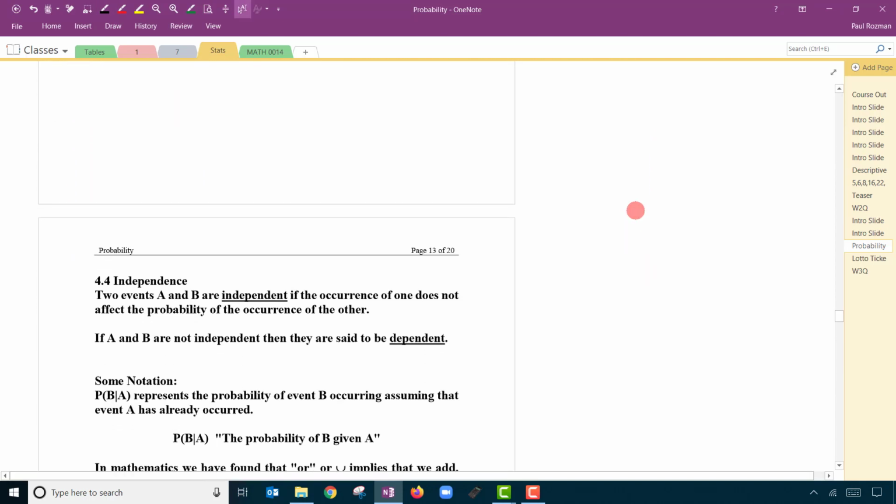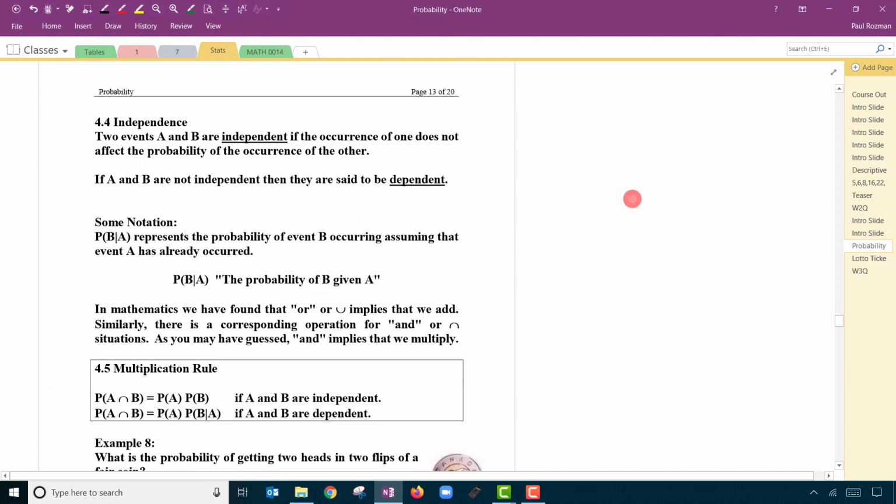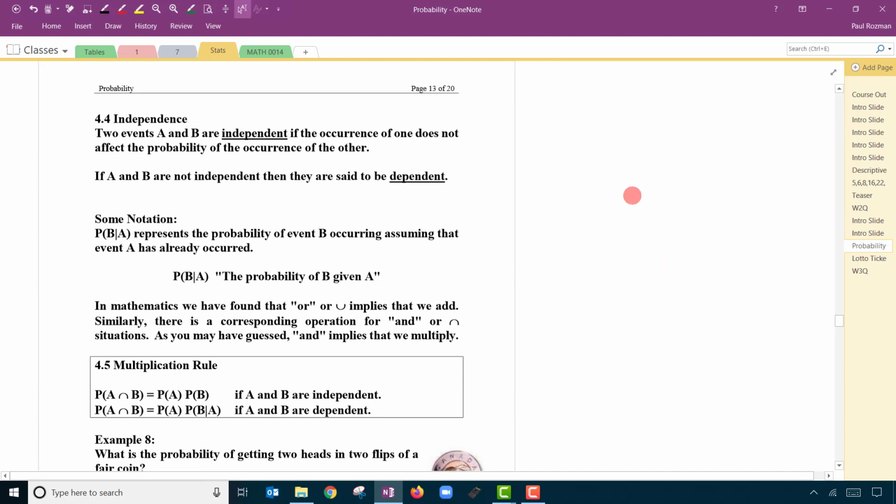We can move on to independence next. Independence is a topic that's similar to mutually exclusive, meaning that it feels like it should have the same meaning, but it's related to when we do something multiple times.